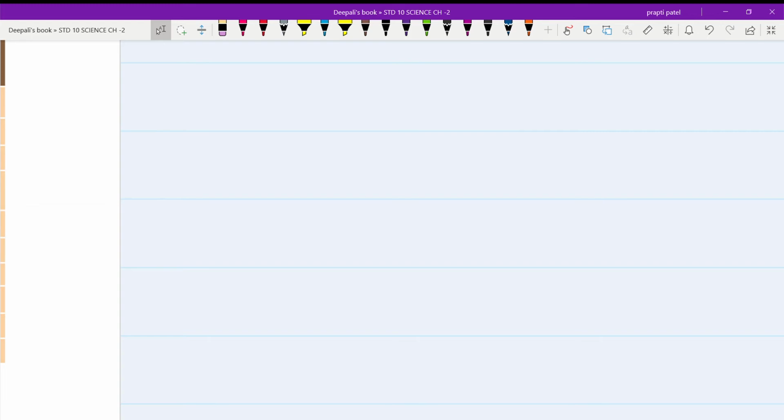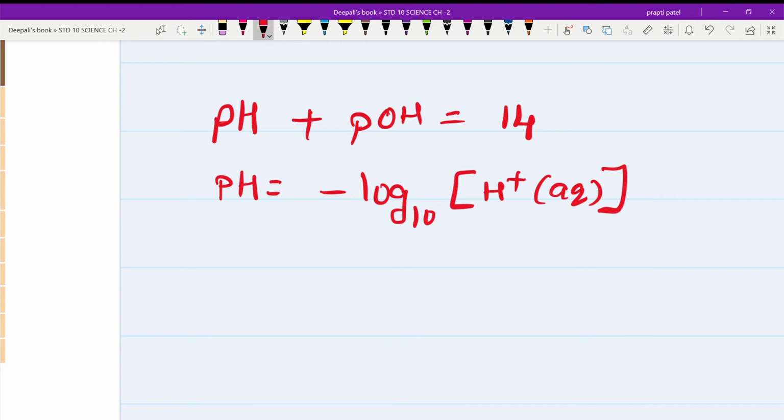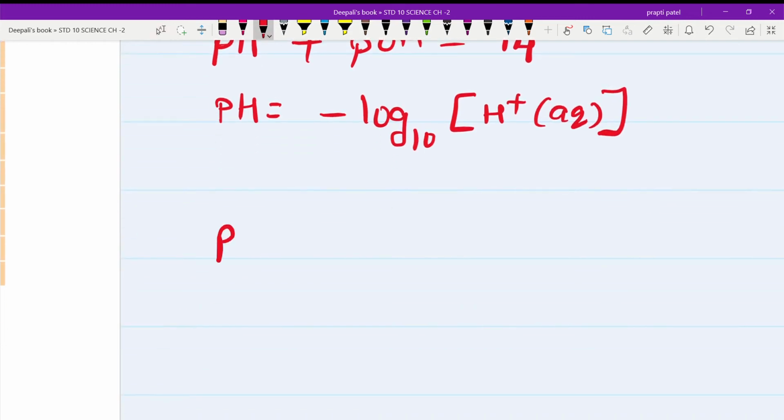In general, pH, that is power of hydronium ion, plus pOH, power of OH minus, is always equal to 14, and pH is equal to minus log 10 of H plus aqueous. You will study this in higher classes, but you can remember the formula of pH and pOH as this.